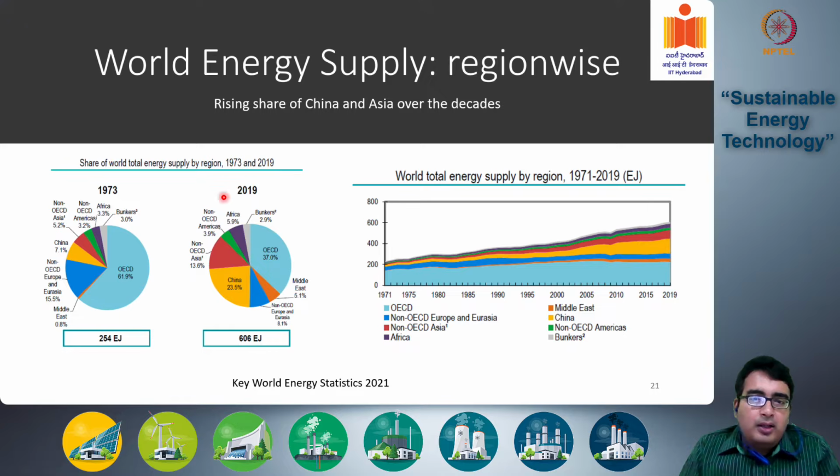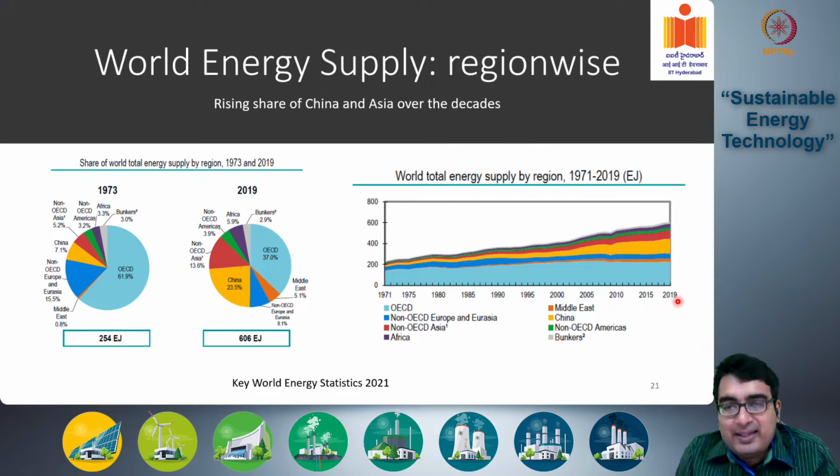So here, if you look at this right curve, the year-wise change in the world energy supply. The world energy supply has been plotted from 1971 to 2019. So that is more than 46 years, right? And the unit of energy here is the exajoule.